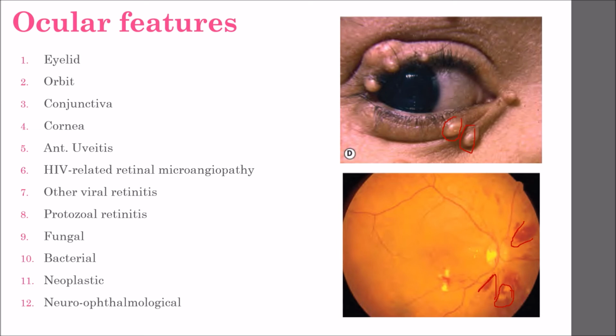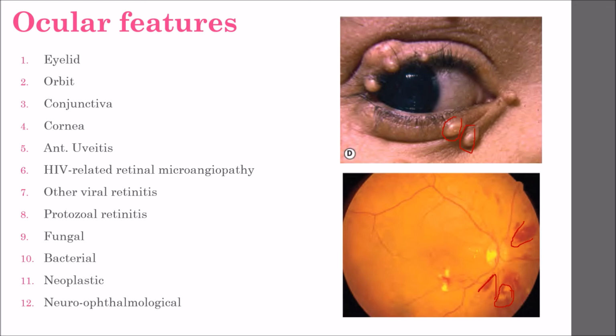Other viral retinitis, like cytomegalovirus retinitis, which is most common, then progressive retinal necrosis and acute retinal necrosis. These are the topics I will discuss in detail in the upcoming lectures. Then protozoal, like toxoplasma retinochoroiditis, which is often atypical.